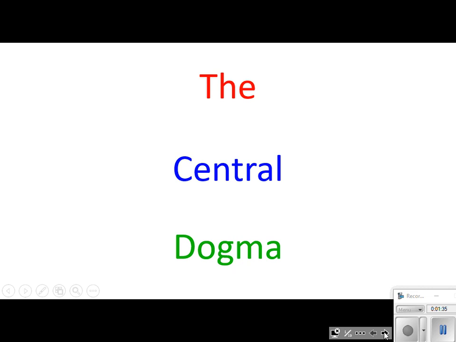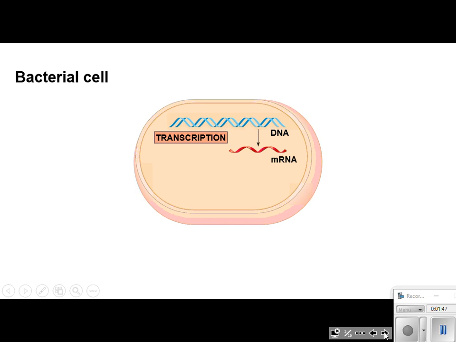Now, let's talk a little bit about this process and where it's occurring. This isn't part of your notes, but you're going to see it again, so maybe you want to jot it down where you got a little extra space. Here's a bacteria cell. Now, what do we know about bacteria cells?